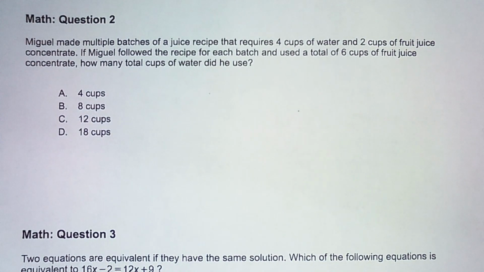Miguel made multiple batches of a juice recipe that requires 4 cups of water and 2 cups of fruit juice concentrate. If Miguel followed the recipe for each batch and used a total of 6 cups of fruit juice concentrate, how many total cups of water did he use? So we will use a proportion again, just like we did above in number 1.